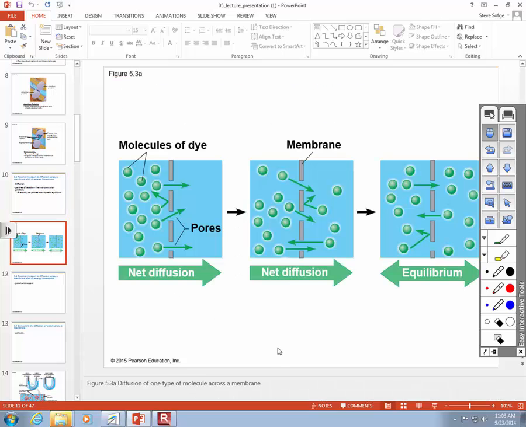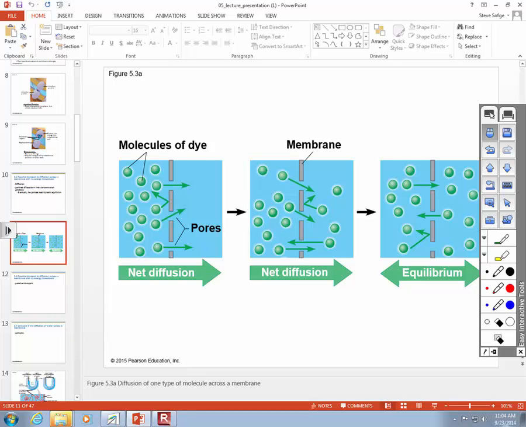So here you have it. Someone put dye in, probably we'll say this is a dialysis membrane, be my guess. And then it's going to move. It would be small enough that it could pass through the pores of the membrane. And it just is a random movement. Actually, it has a name. It's called Brownian movement. All molecules are in motion, believe it or not, even though they may not look like it. The table that you're sitting at is in motion.